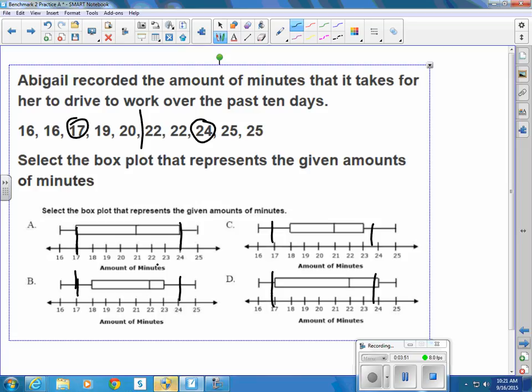Okay, so we know it's not those two. Now let's look at that median. So in the middle is 21. In between 20 and 22 is 21. That one does not match. This one does.